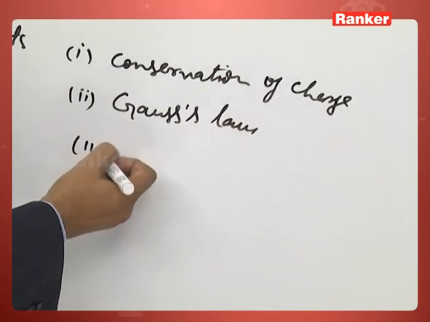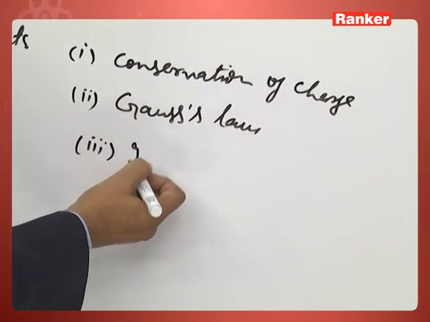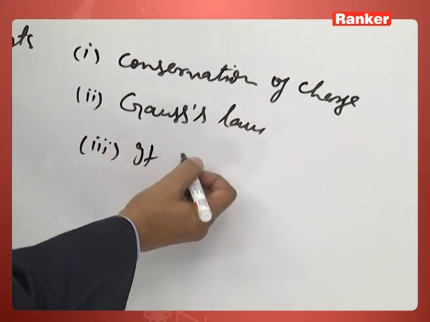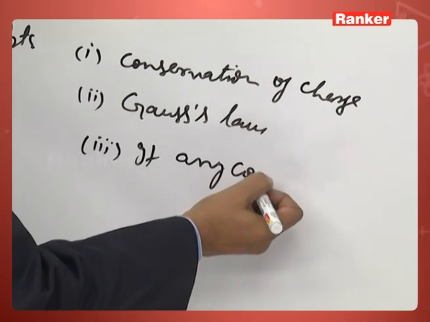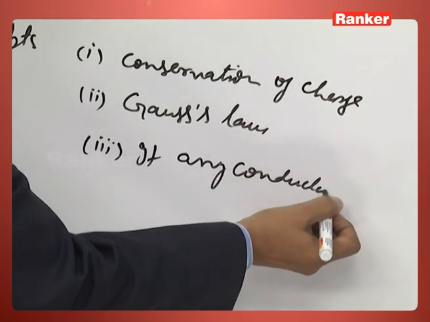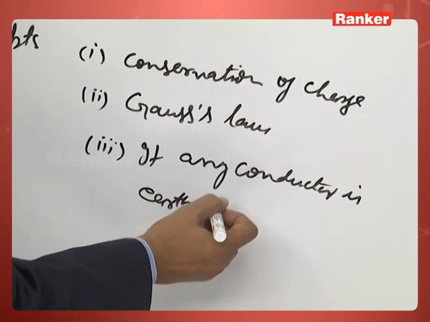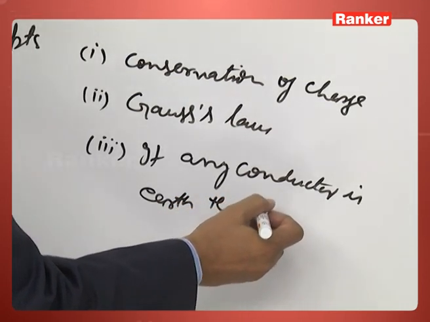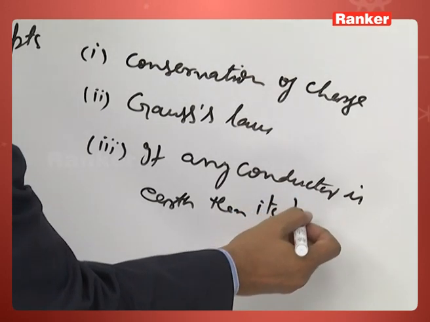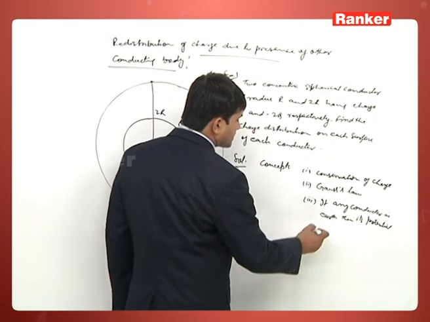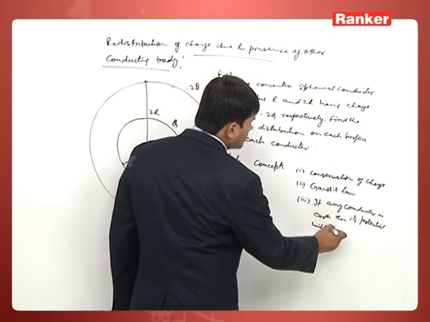And third we can say, if any conductor is earthed, then its potential will be zero.